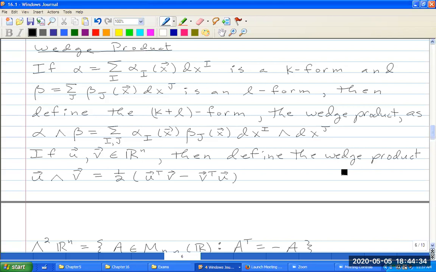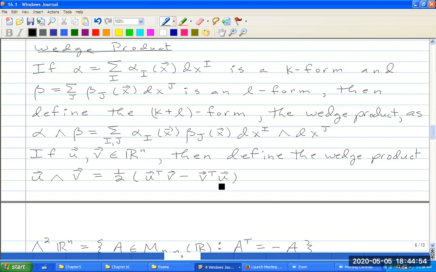then we can define the wedge product of these two vectors as follows. It's just 1/2 the transpose of u times v minus v transpose times u.